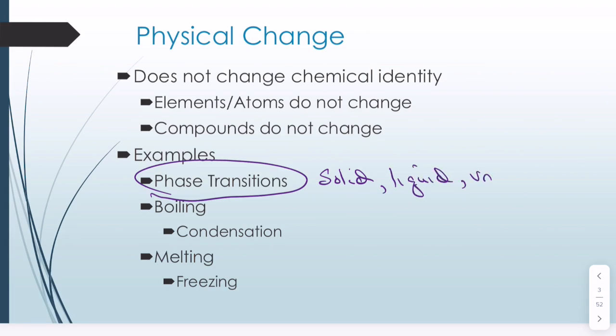To a first approximation. There are other types of phases that we won't get into in this conversation. So when you're talking about, for example, boiling, boiling is a process where the substance changes from a liquid to a vapor.